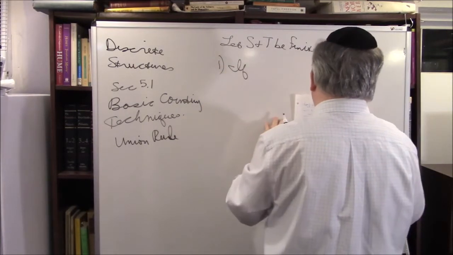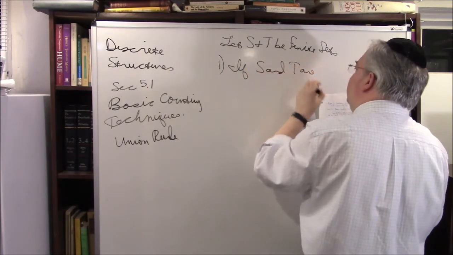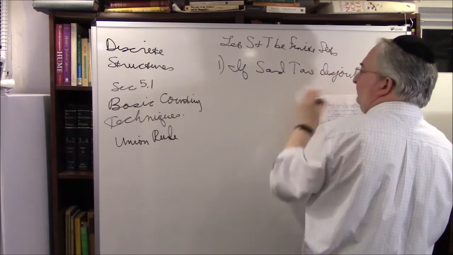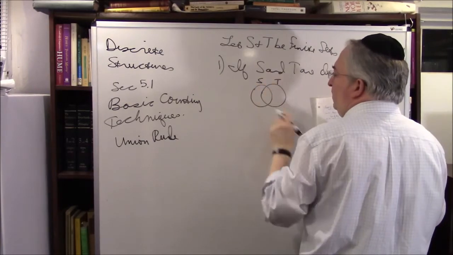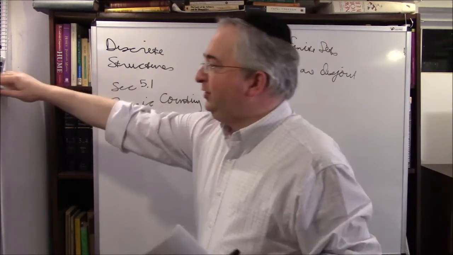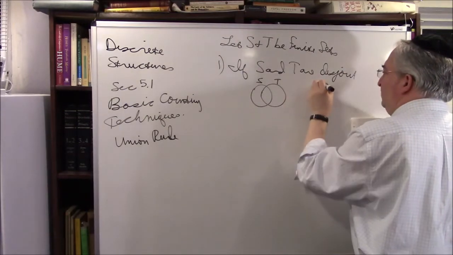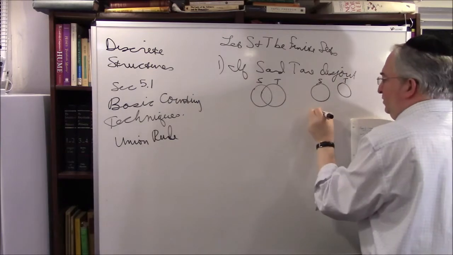If S and T are disjoint, just to make a picture of this, this is S, this is T, that's not disjoint, that's not disjoint. So disjoint means here's S, here's T, their intersection is empty, disjoint.